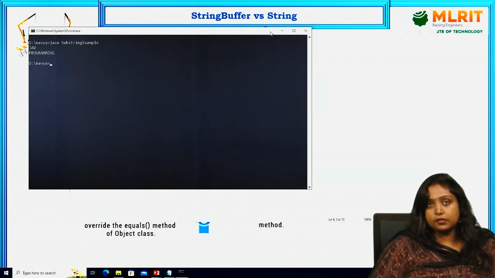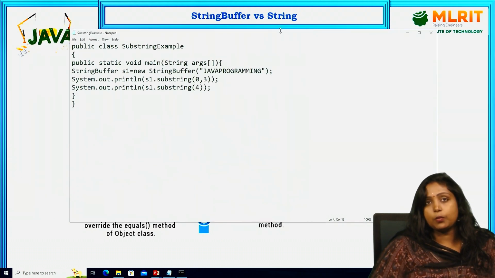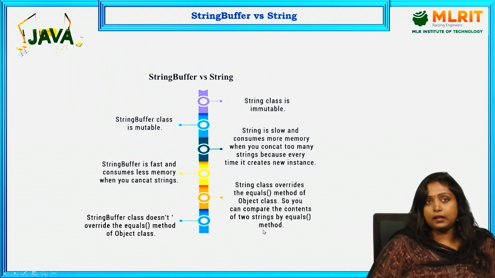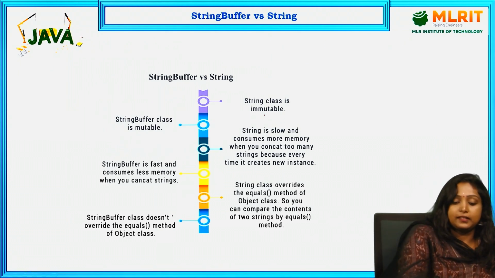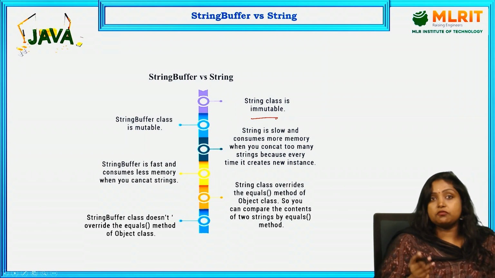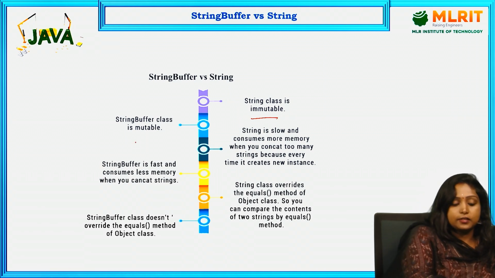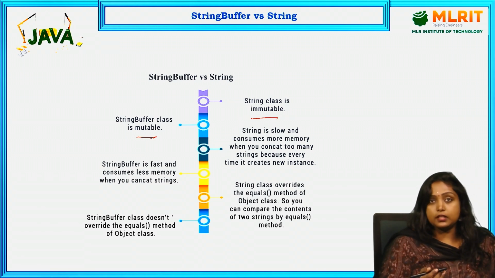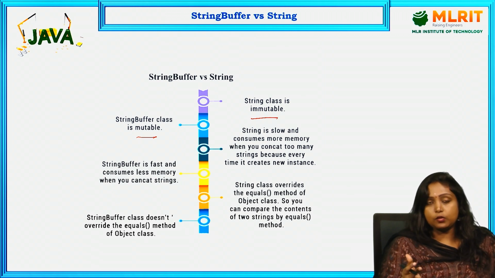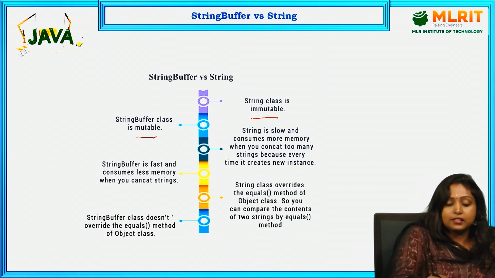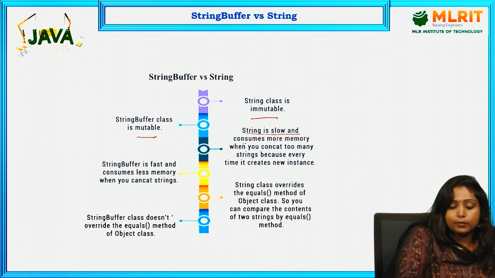So using String or StringBuffer, you will get the same output, but what is the difference between StringBuffer and String here? First, String is immutable, you cannot change it once it is initialized, and StringBuffer is mutable, you can change it even after it is initialized. And String is slow and consumes more memory.